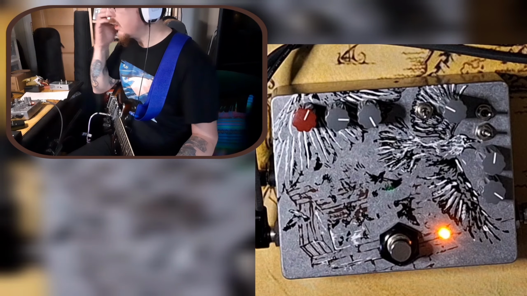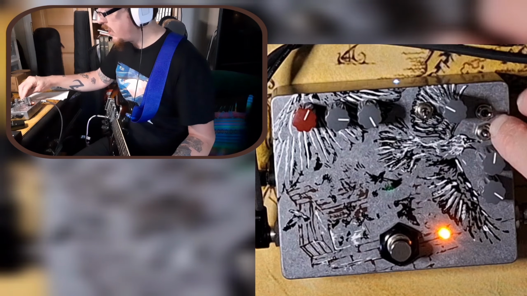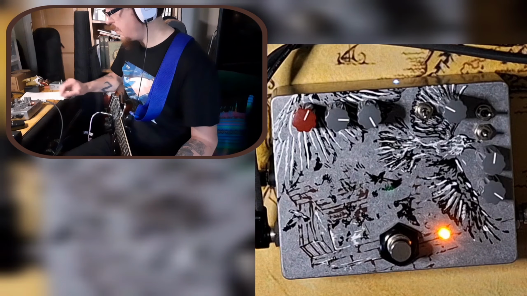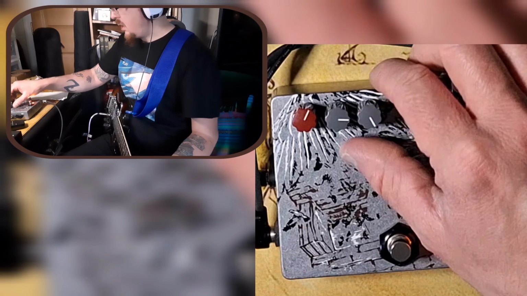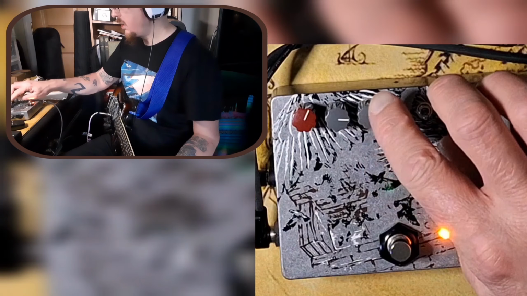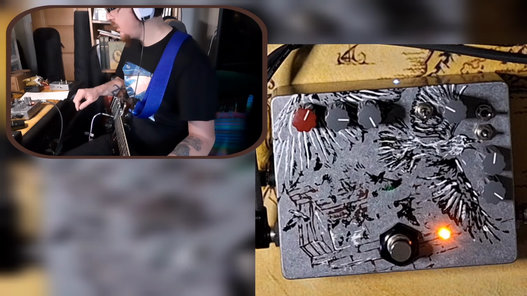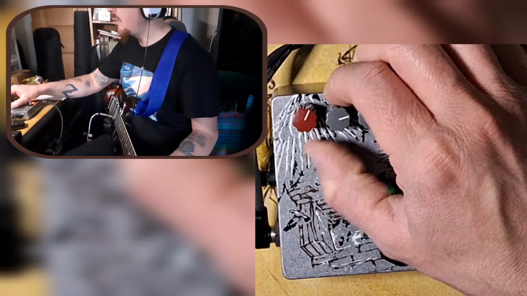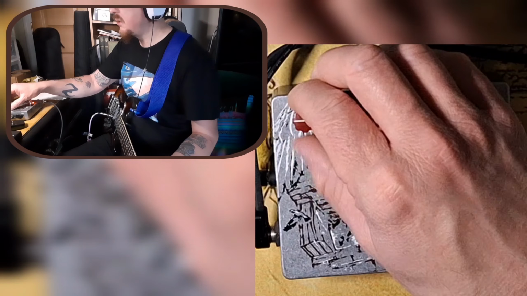So let's try and do something musical with it. I really prefer it with wave 0 in the middle. We're going to keep our gain all the way up there. We're going to keep this right where it's at. What we're going to do is bring these guys down to taste.